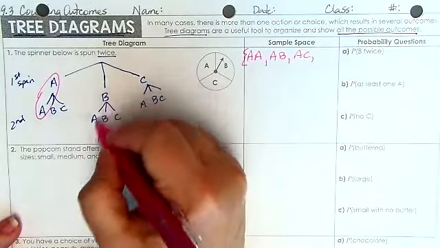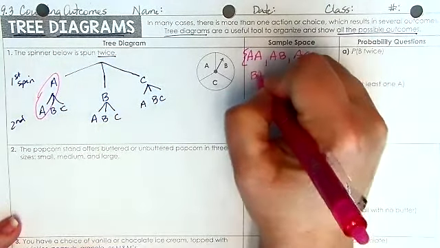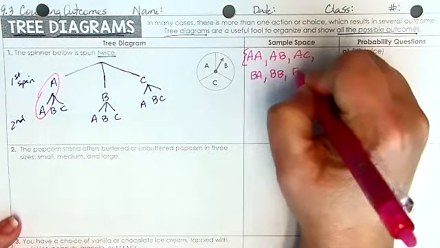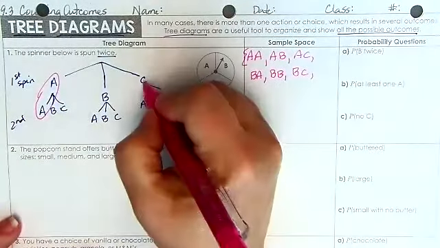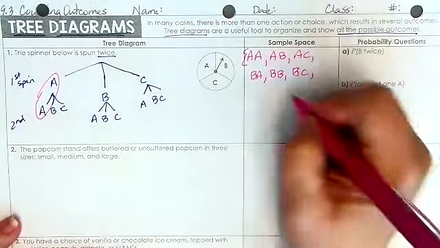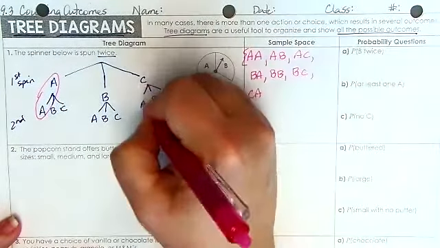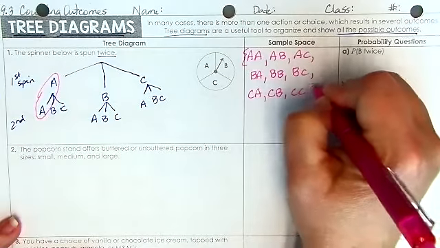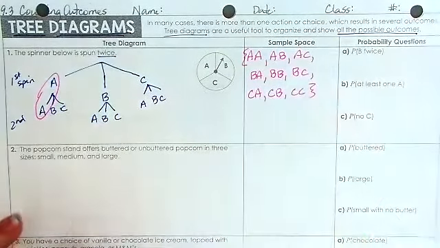And then I'm going to look at my next round. BA, BB, BC. And then I'm going to look at the third, the C section. So I'm going to have CA, CB, and CC. And this is the list of my sample space.